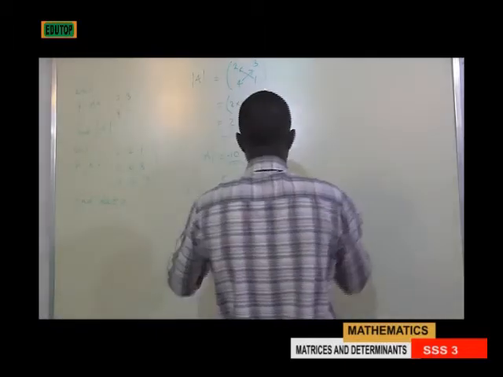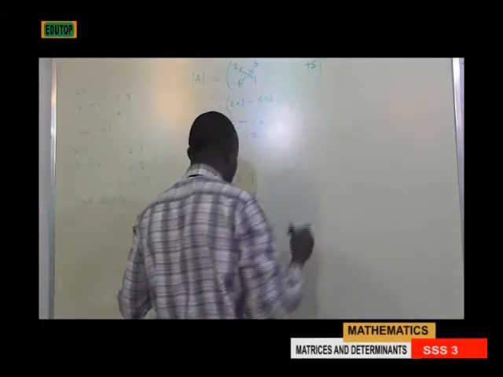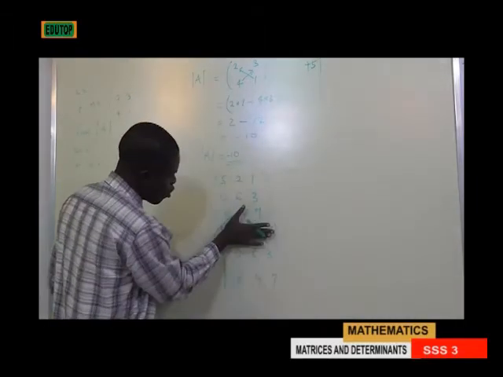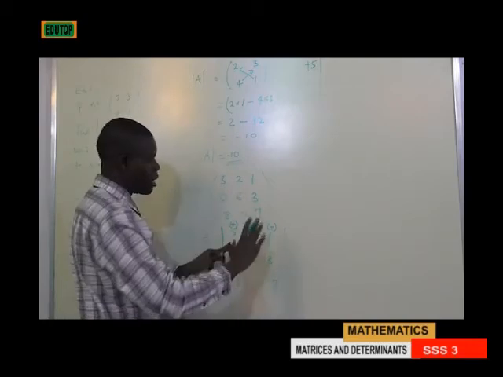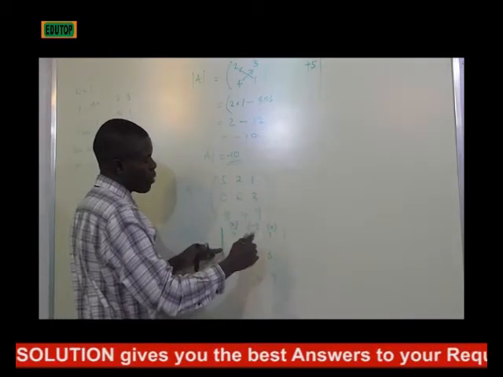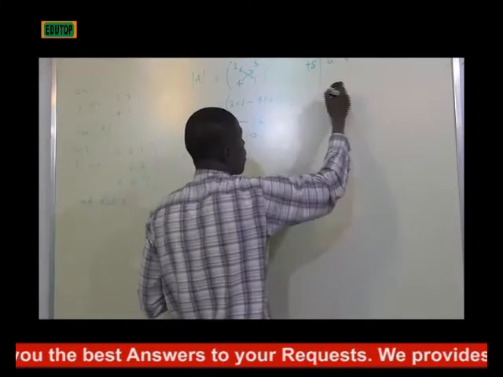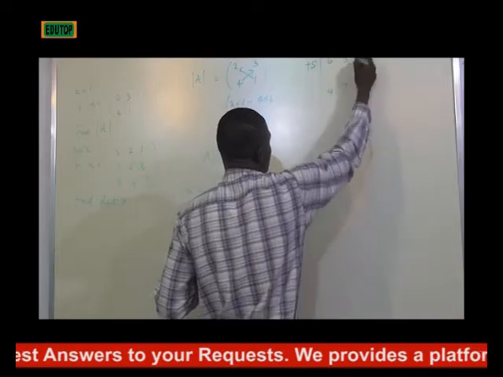If you do it the way I have prescribed, you will discover that when you close this and you close this, you'll have a 2 by 2 matrix. And the 2 by 2 matrix we'll have will be 6, 3, 4, 7 for the first case.